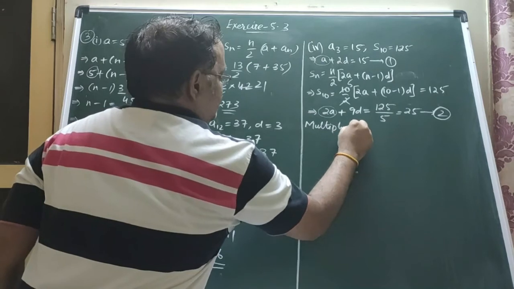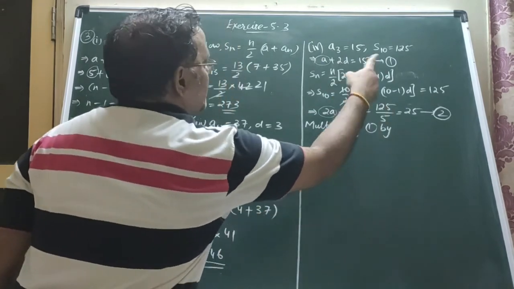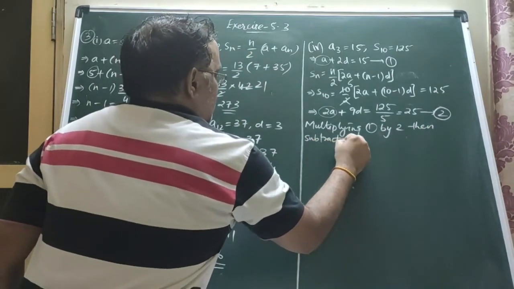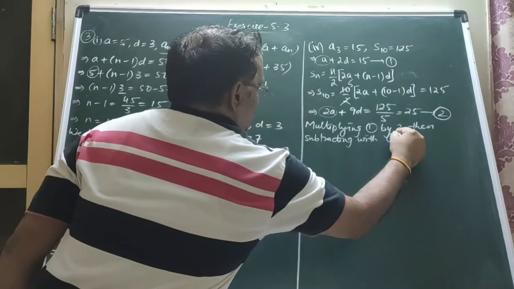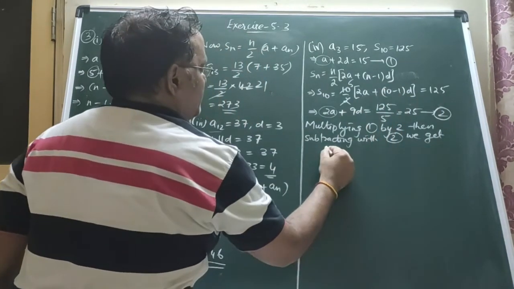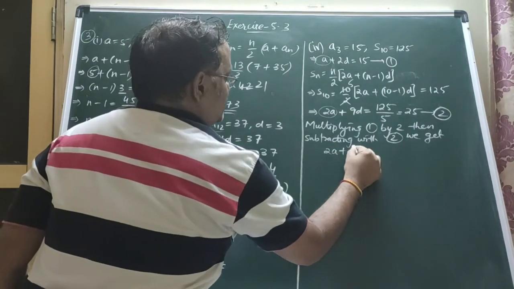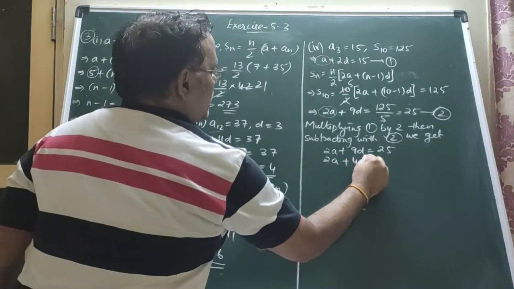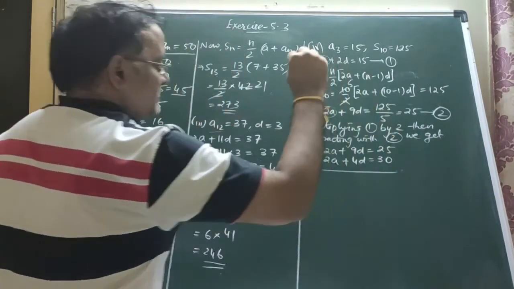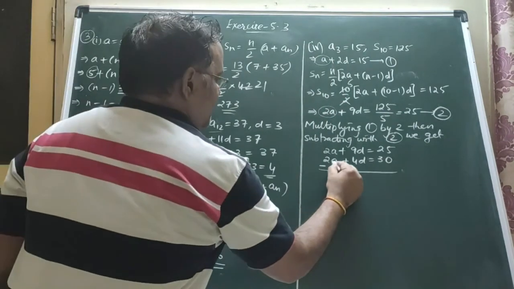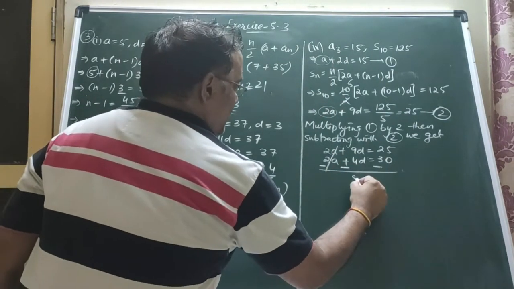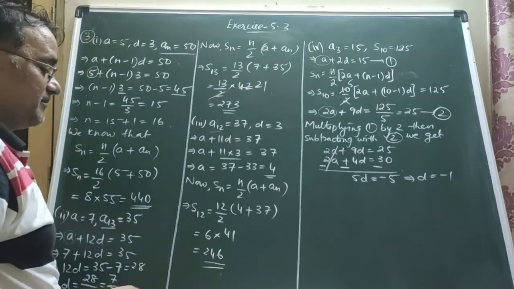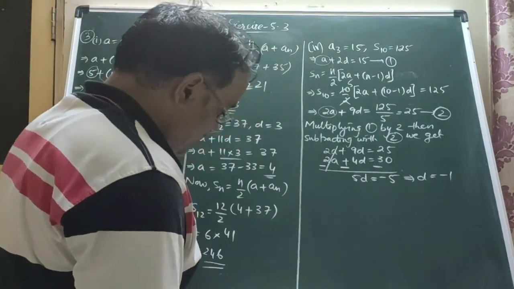Multiplying equation 1 by 2, then subtracting with equation 2, we get, let me write it first: 2a plus 4d is equal to 30. Okay, so in subtraction, minus, minus, minus, so we will get 5d is equal to -5. So d is equal to -1. Here we had to find d, so d is found.